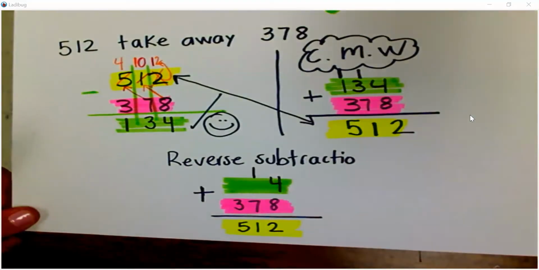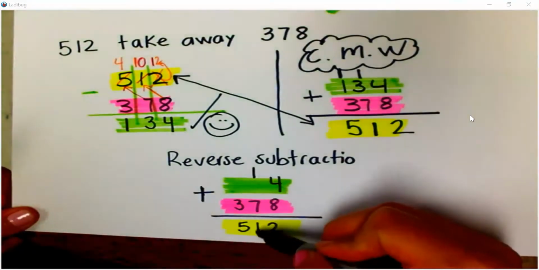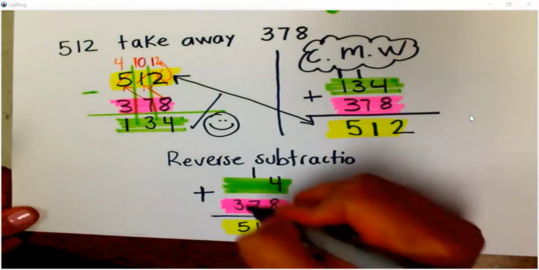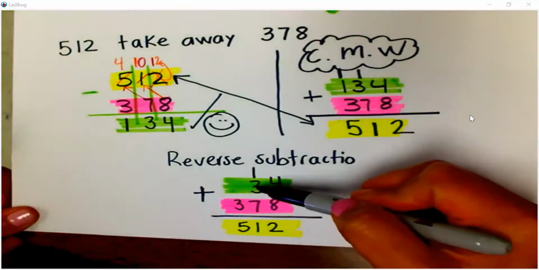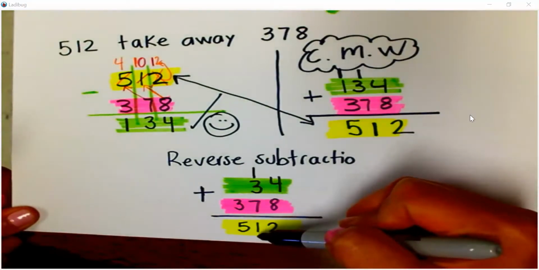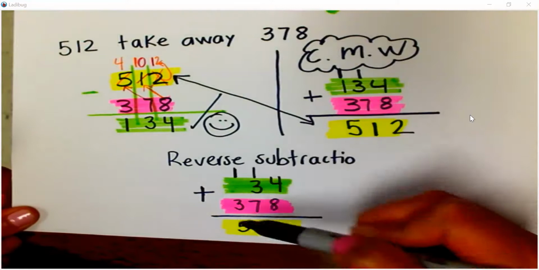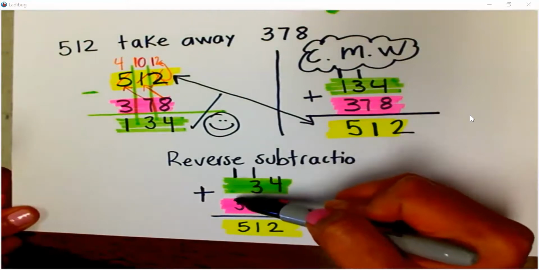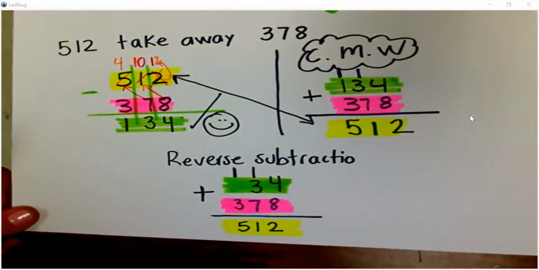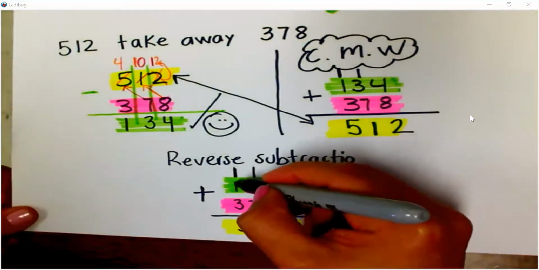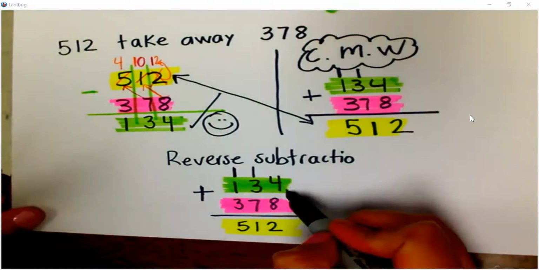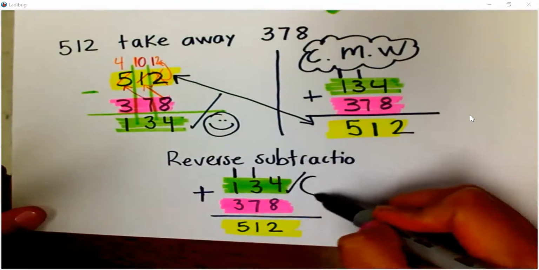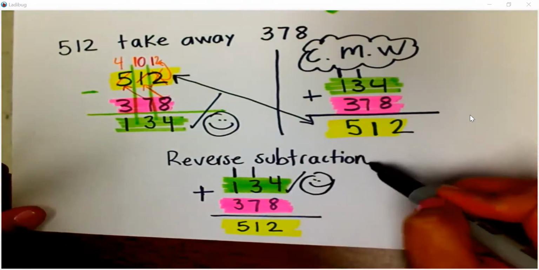Which number do I need to put right here to make 11? Okay, so 3 is correct. So 7 plus 3 plus 1 equals 11, and I have one more. So 3 plus 1, 4. Which number do I need to put here to make a 5? Correct, 1. So now, guys, as you can see, my answer right here is the same as the answer that I got at the beginning.